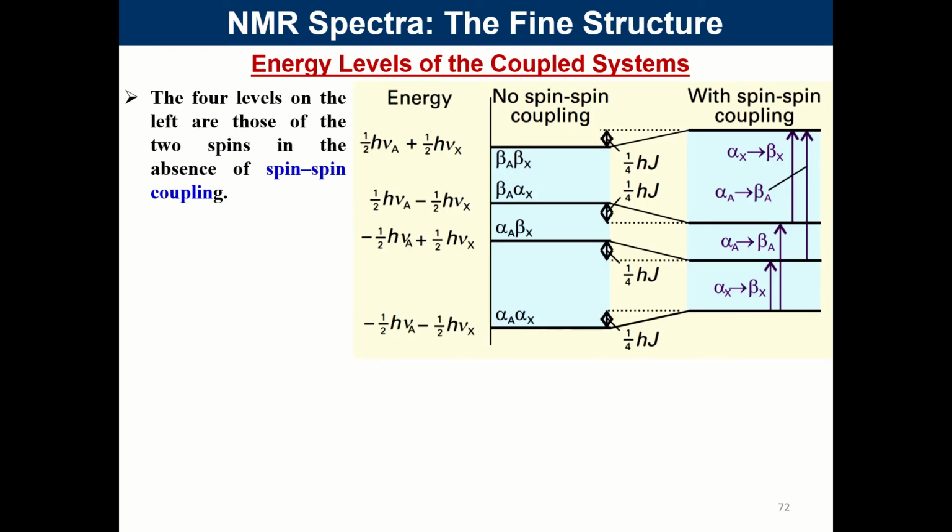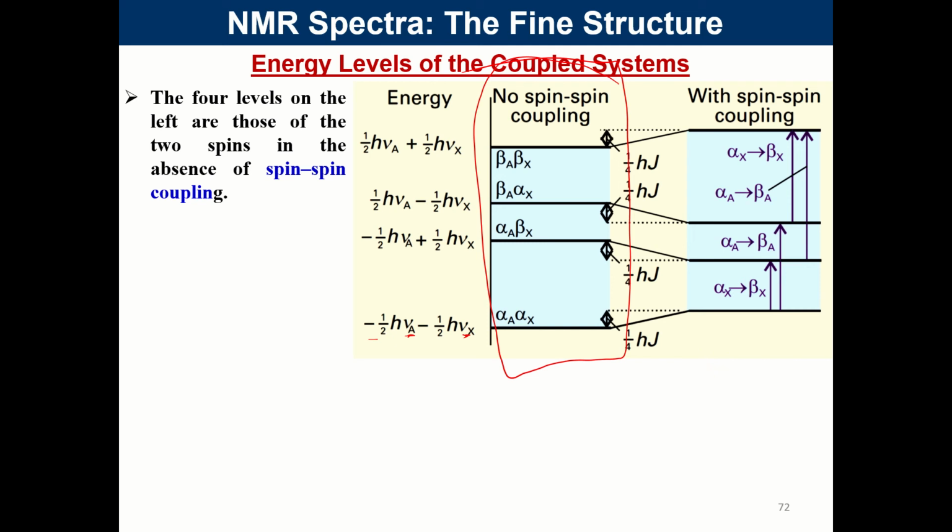And in absence of any spin-spin coupling, they just appear like this. These are the four states that we can imagine, and accordingly you can assign the h nu A, Larmor frequency of A, Larmor frequency of X. So when both are alpha alpha, you have the lowest possible energy, that is both are aligned with the magnetic field.